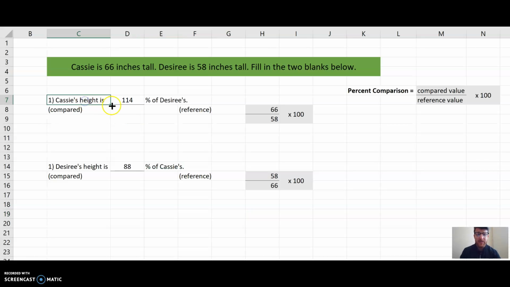If we're looking at number 1, if Cassie's height is 114% of Desiree's, use 100 as the baseline. That means you could also say that Cassie is 14% taller than Desiree. Similarly down here, use 100 as the baseline, and you can see that Desiree is 12% shorter than Cassie.